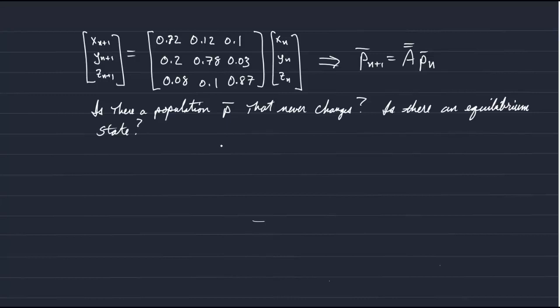And to answer that question, we would want to solve the equation AP, which is that steady state population, is equal to lambda times P, in this case where lambda is equal to 1. So this states that from each year, even though people move, the populations in the states are preserved. And this is an eigenvalue problem.